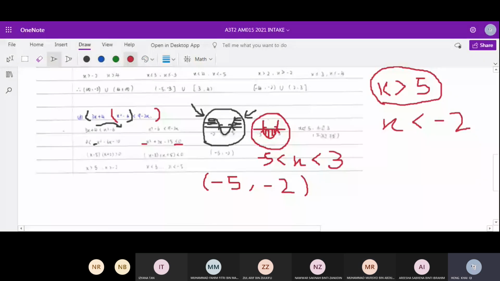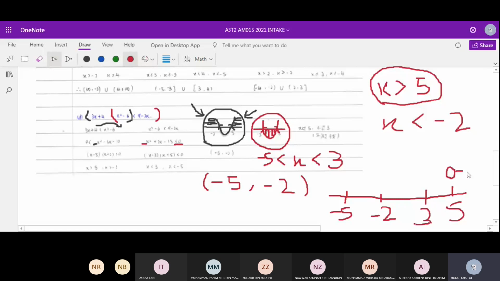So yeah, you can draw a number line for these questions. Easy. Negative 5 here, and then negative 2, 3, and 5. So you need to find the intersection area. So more than 5, so the arrow is like this.